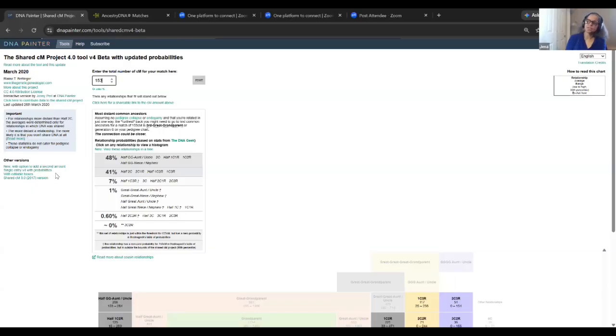Reason number three is that in some situations, the number of centimorgans that you share with others can appear higher due to situations like pedigree collapse or endogamy. And to show you just how complicated that can be, I don't want to go into what endogamy is in depth.